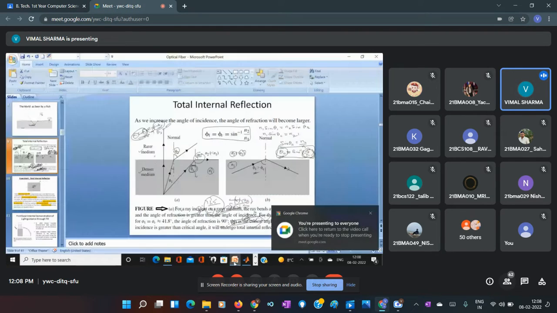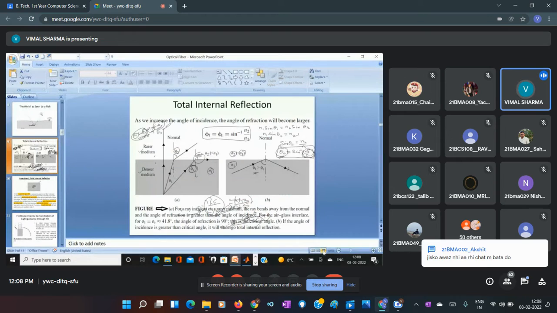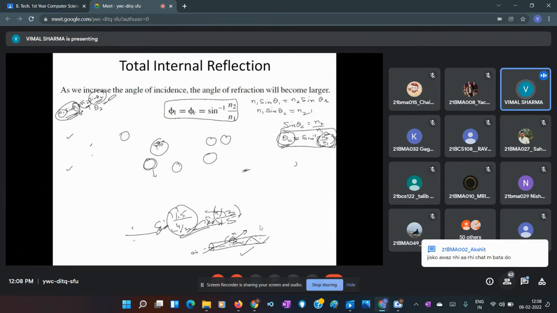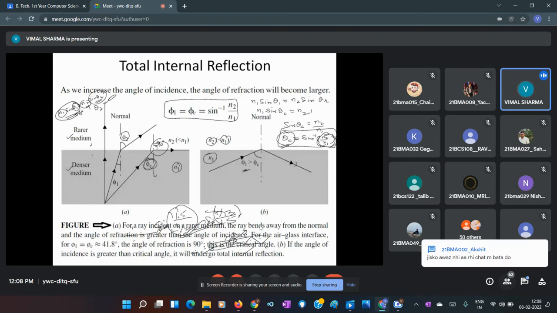Okay. So as I was saying, this total internal reflection is important because it is the principle of propagation of light through optical fiber. Yesterday we said that whenever light is traveling through a denser medium and it strikes the interface where there is a change in medium from denser to optically rarer medium, then we discuss three things.